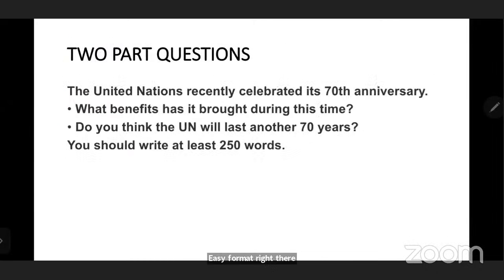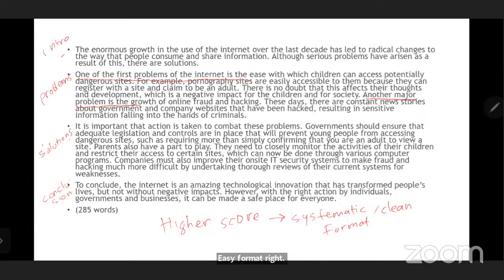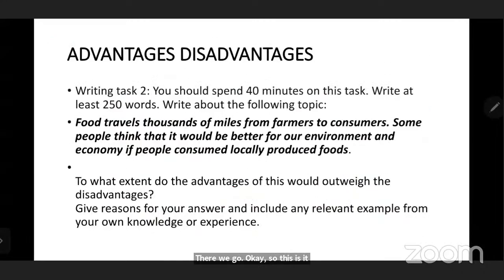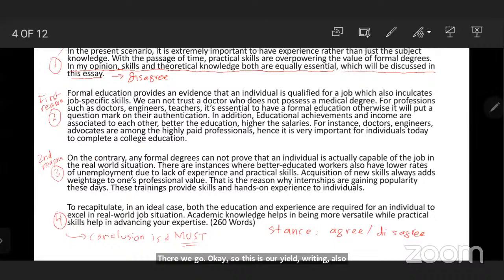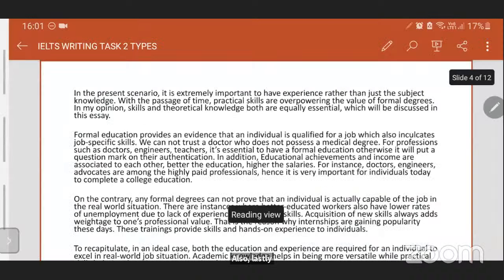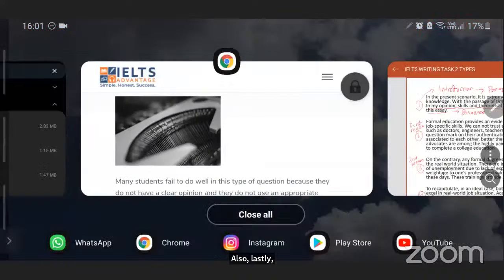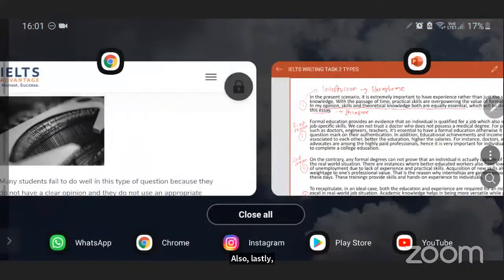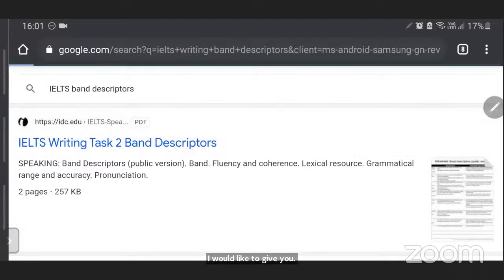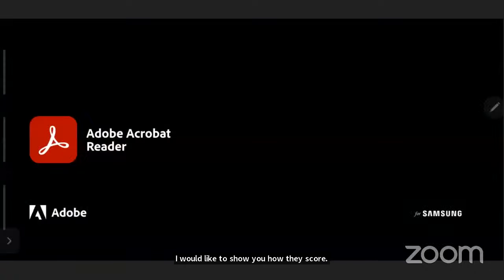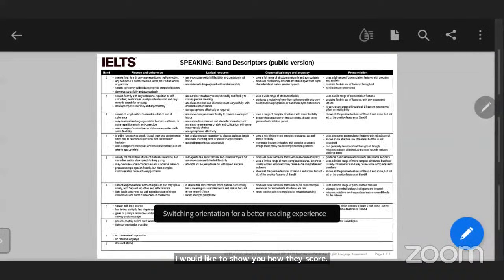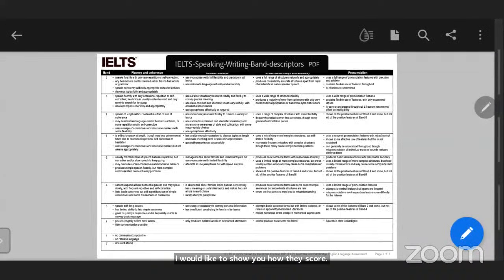There we go. Okay, so this is IELTS writing. Also, lastly, I would like to show you how they score the IELTS writing. There's something called descriptors.